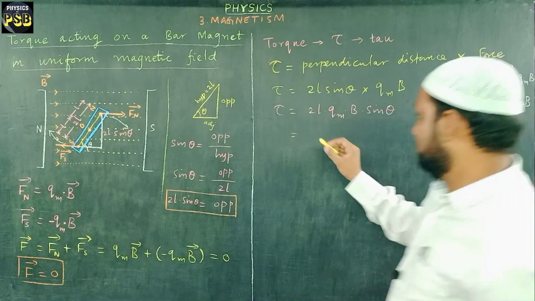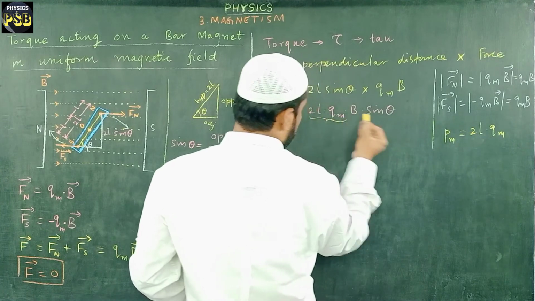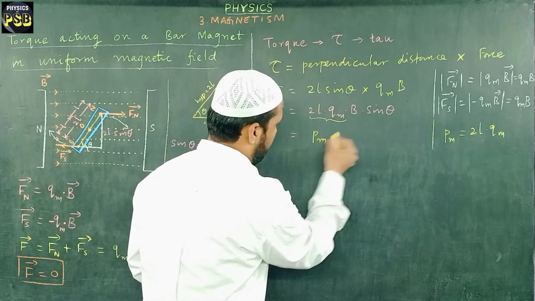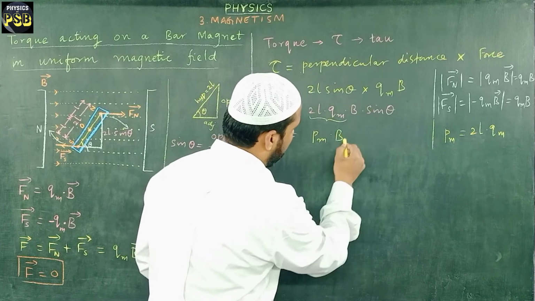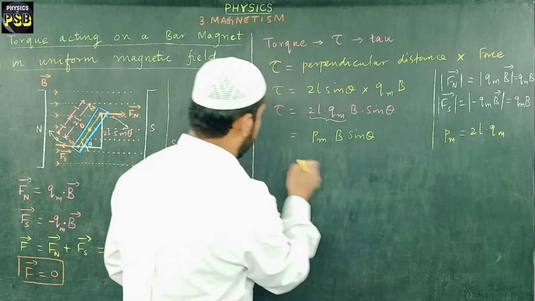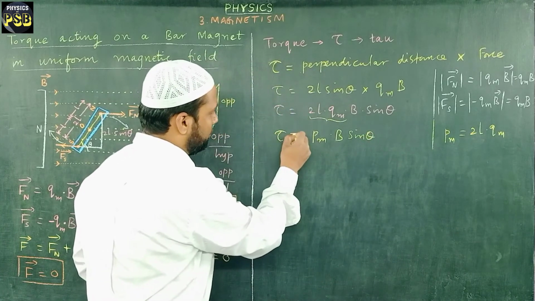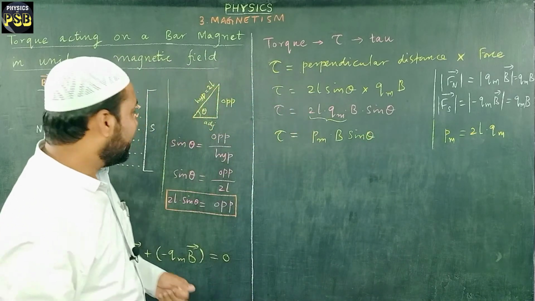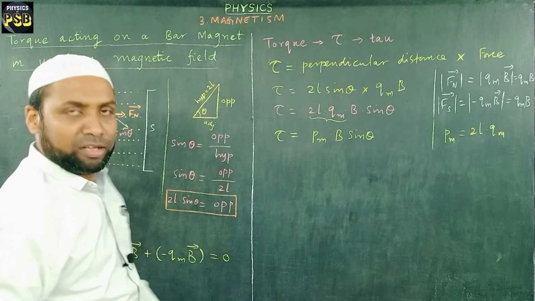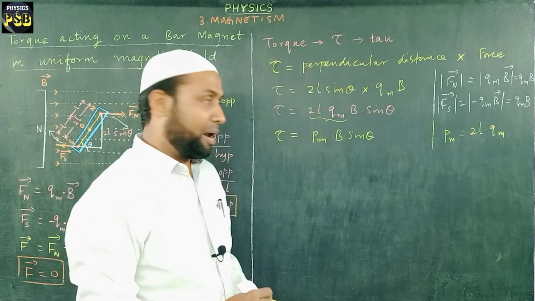So this one is equal to Pm. I write here Pm. Then we have B from the above expression and sin theta. This is the expression for torque experienced by this bar magnet placed in uniform magnetic field.